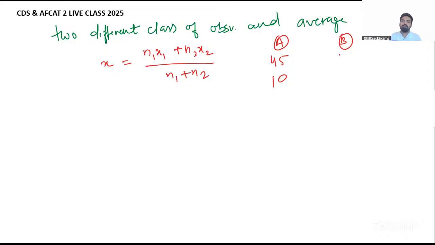In the second team, the average score is 53, and the number of players for which the score is calculated is 11. So they want to ask what is the average of both the teams. In that situation, x1 is this, and x2 is this, n1 is this, and n2 is this. Put these things, and you will get the average score of both teams combined.